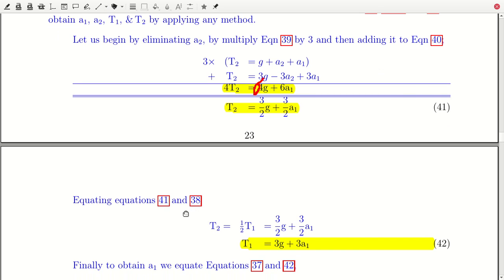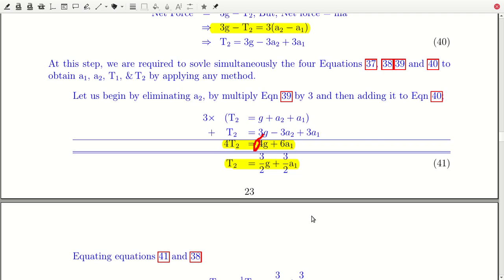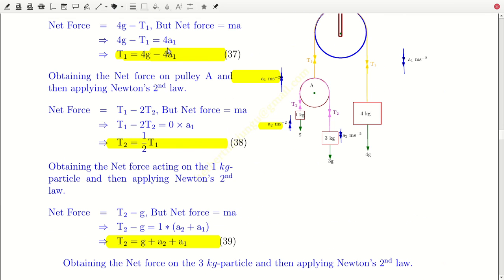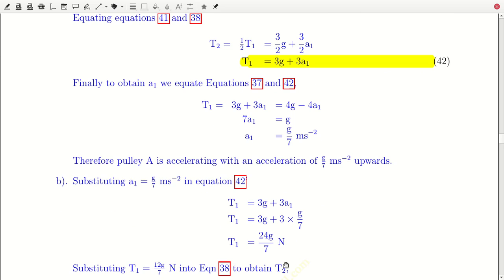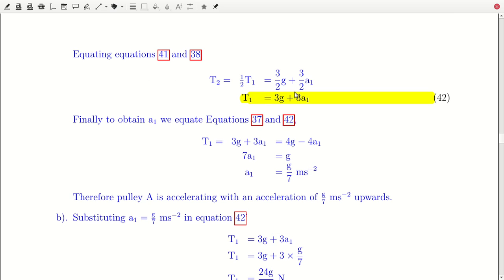So it means now I have to at least use it to a new equation which I have not yet used. And in our case, I have not yet used the first equation we had, 37. So I solved this with the first equation, 37, simultaneously to get our acceleration.